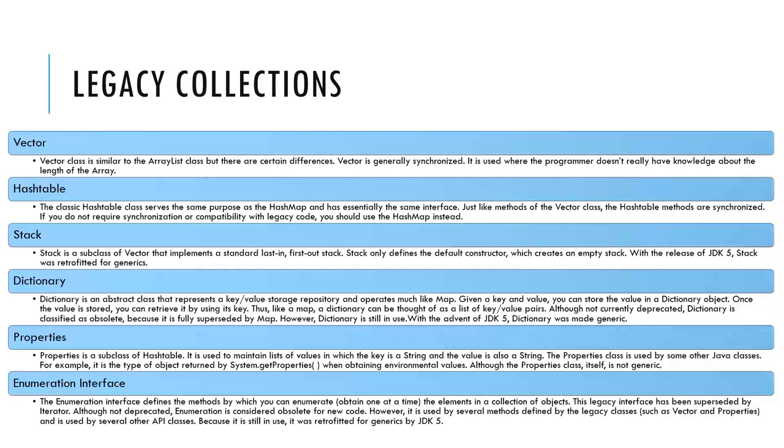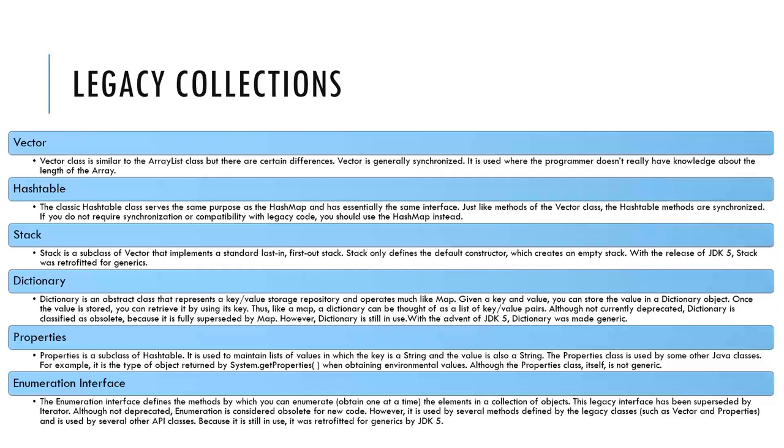For example, the Vector class has alternatives in the collection framework and is used more rarely than the alternatives. Vector is similar to ArrayList, but the Vector class is maintained because it works well with multi-threaded applications. ArrayList is not synchronized; it's not thread-safe. So the Vector class is used in this case.